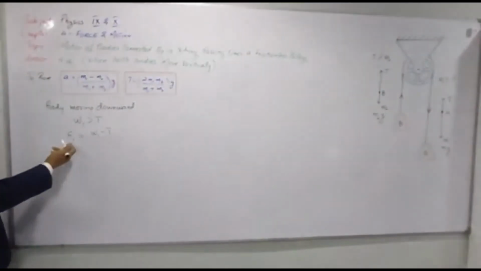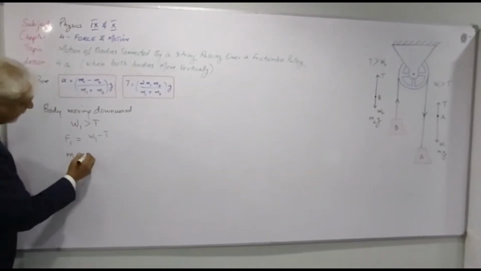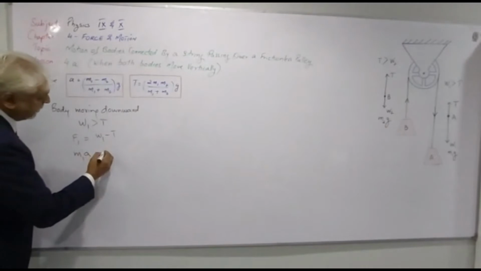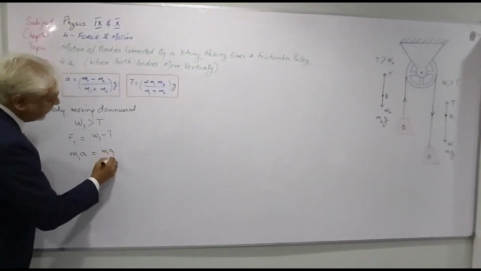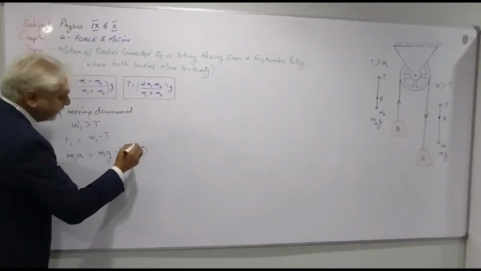So I can write this down as m1a equals W1. You know, W equals mg, so this can be replaced by m1g minus T. Let's call this equation 1.